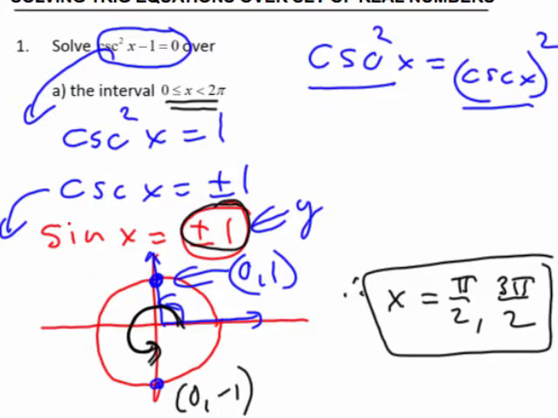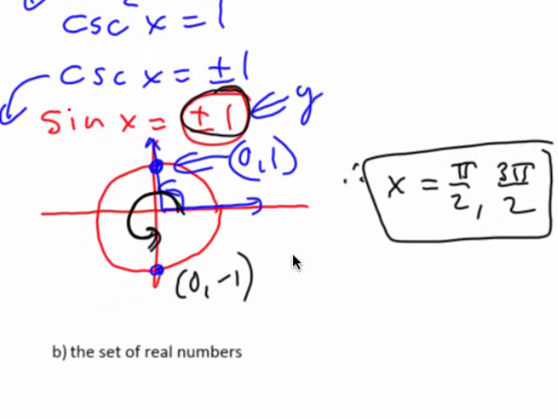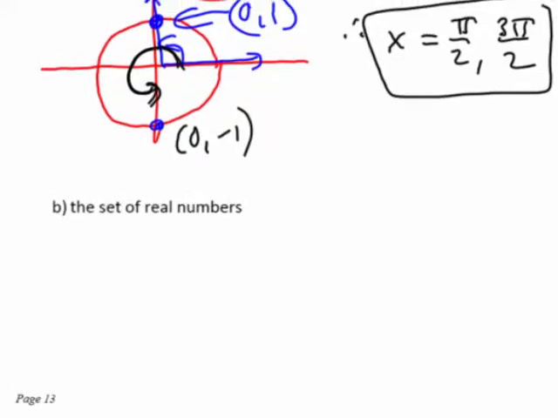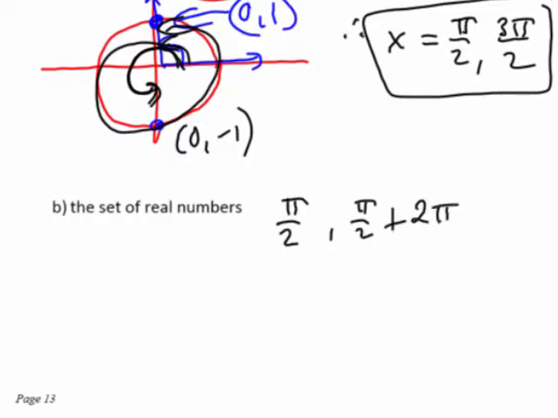Now the second part of this question is to give the solution in a different way, and what we want here is the solution over the set of real numbers. What that means is that if you were to continue to take each angle and go around another revolution, so we're talking about all the other angles that are coterminal to these two, to list all of those. So we have pi over 2 as one solution, but then we have pi over 2 plus 2 pi.